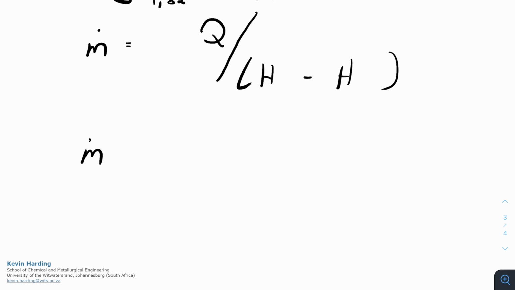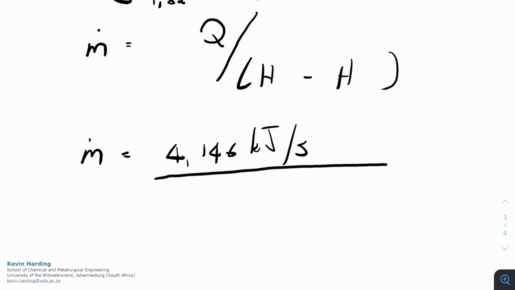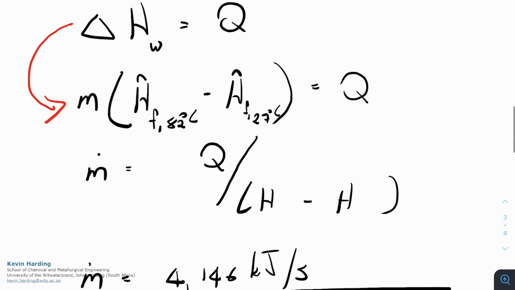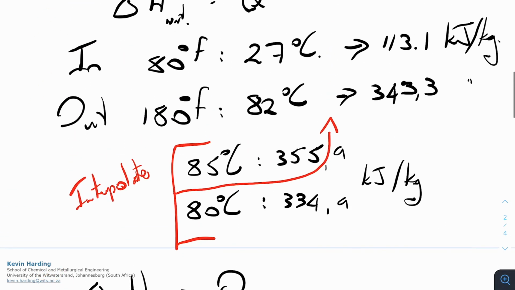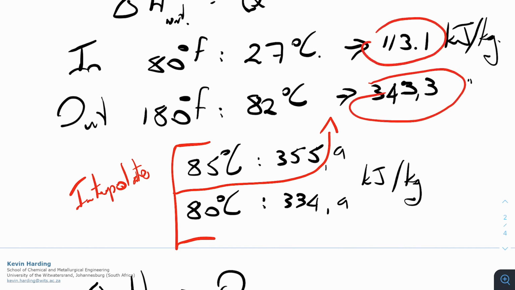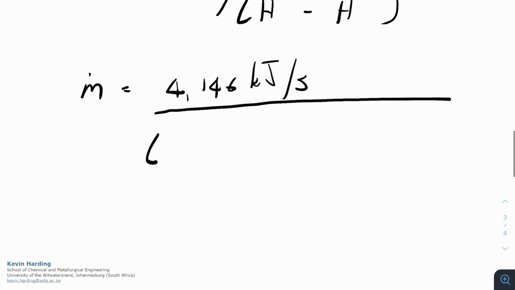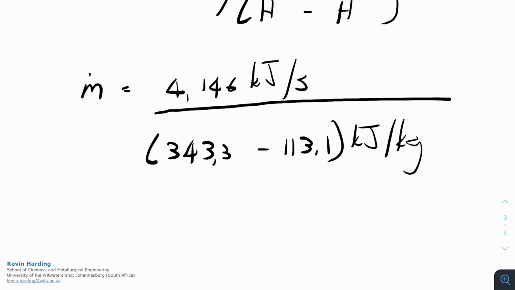If we start putting numbers in, this is mass flow rate, so it's mass per second, and it is equal to 4.146 kilojoules per second, from the heat exchanger part of this question, divided by the difference in enthalpies: 343.3 minus 113.1, both in kilojoules per kilogram.